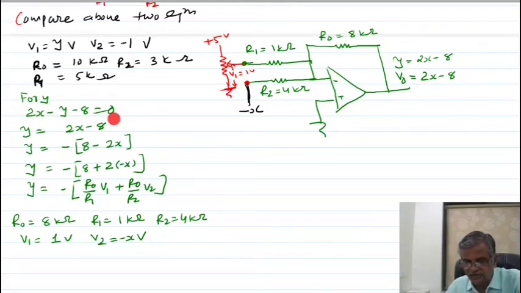I used this equation, got the y, brought this y into the standard form, compared with the standard, and selected the values of R0, R1, R2, V1, V2 such that you get this equation. So compare, and now you design the circuit. This is your design. You have done.